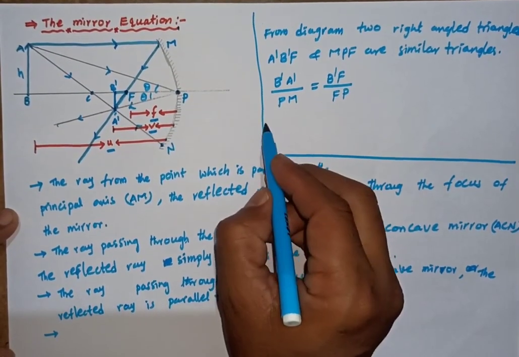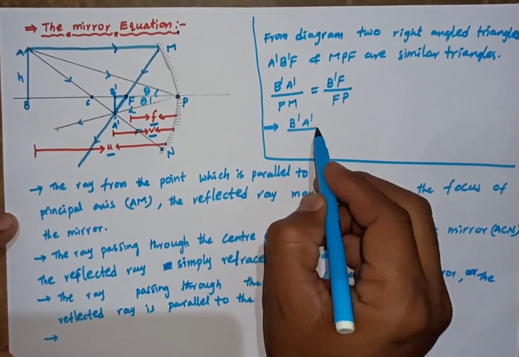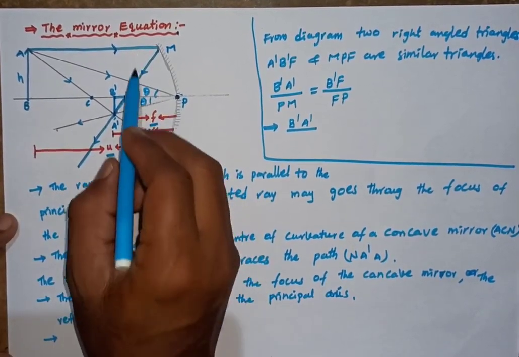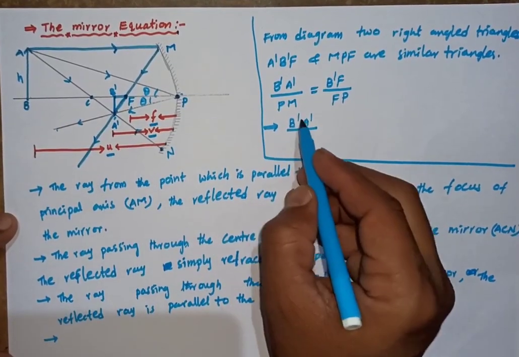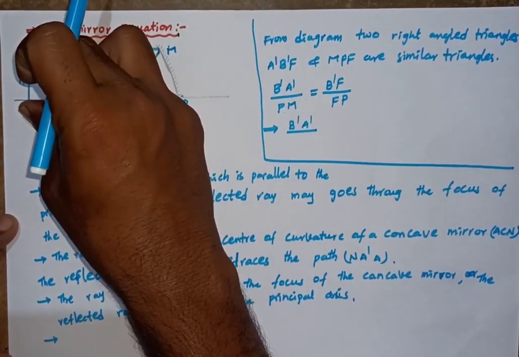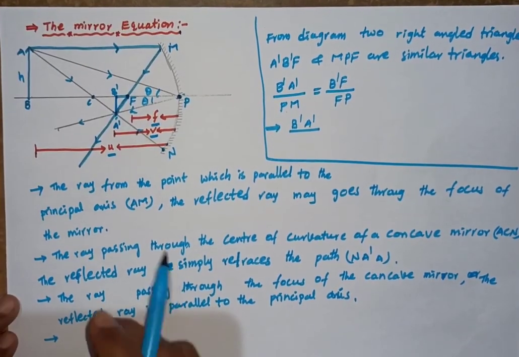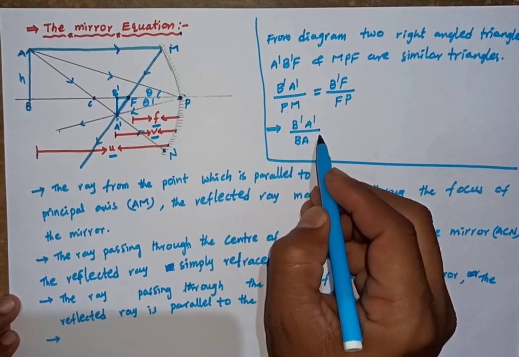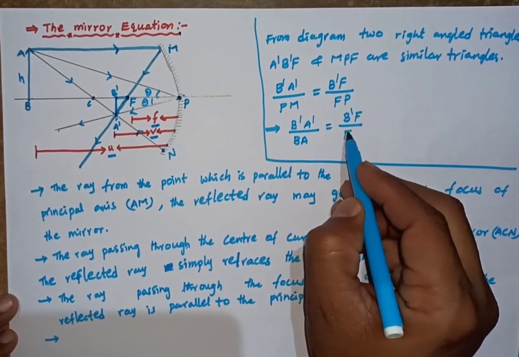AM and BP are parallel to each other, so they have the same height, so PM equals BA. So B dash A dash divided by BA equals B dash F divided by FP.